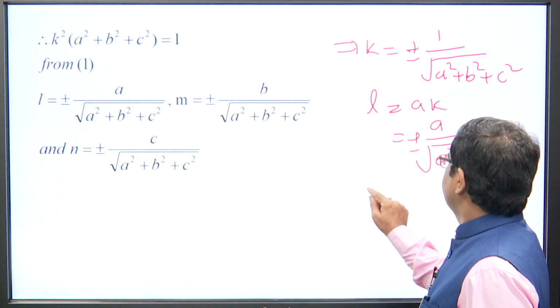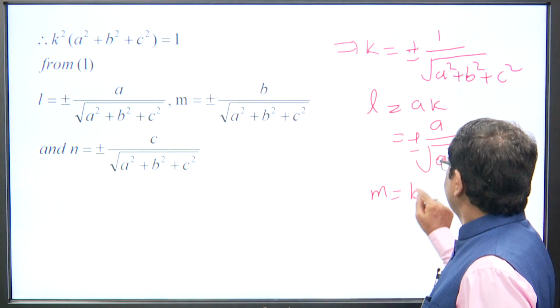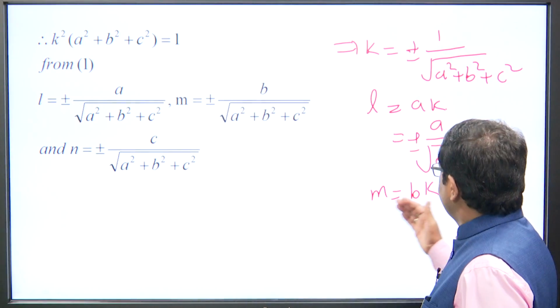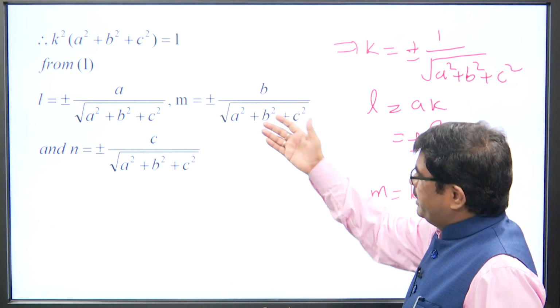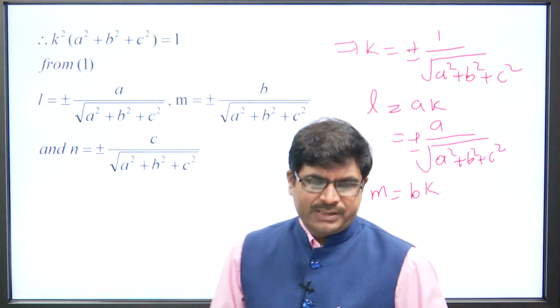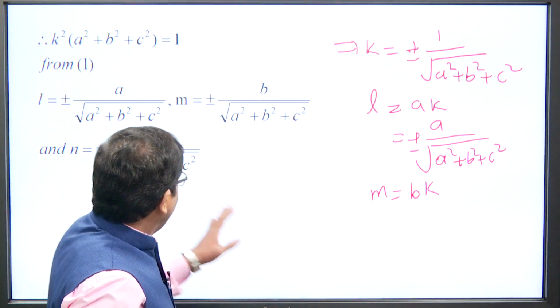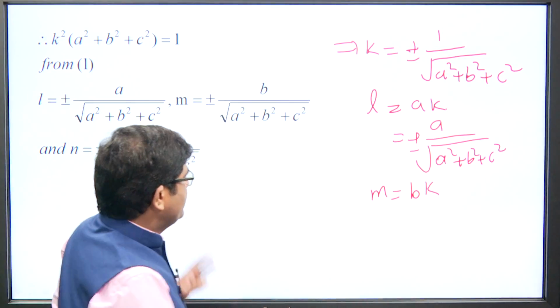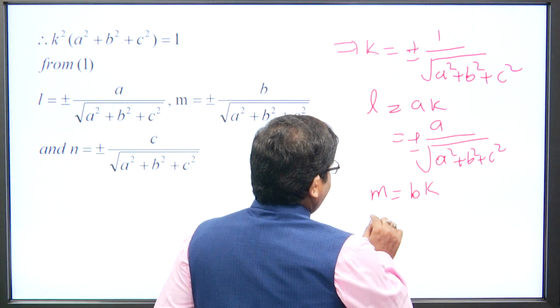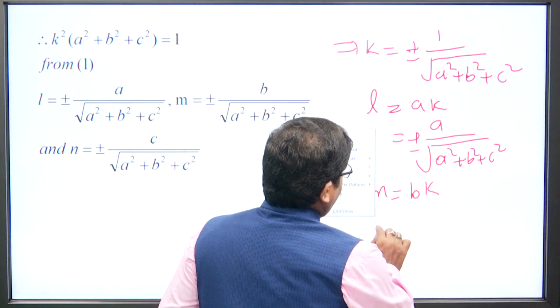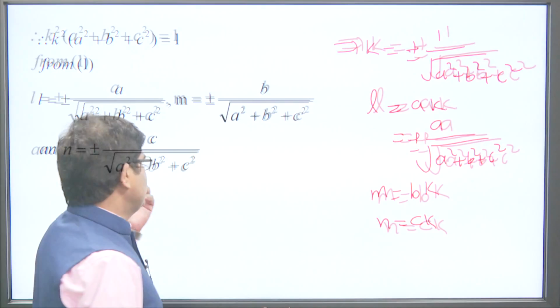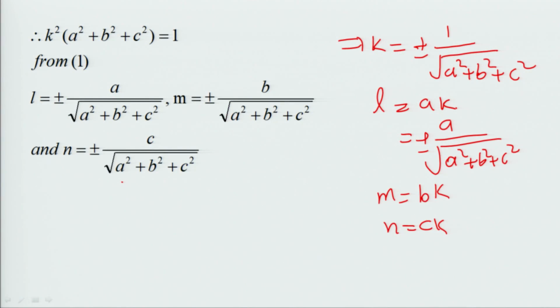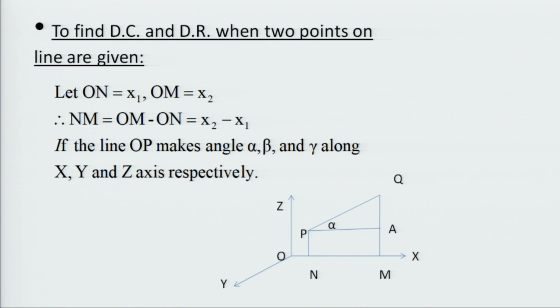Similarly, m equals bk, that is plus minus b upon under root a square plus b square plus c square, and n equals ck, that is plus minus c upon under root a square plus b square plus c square.